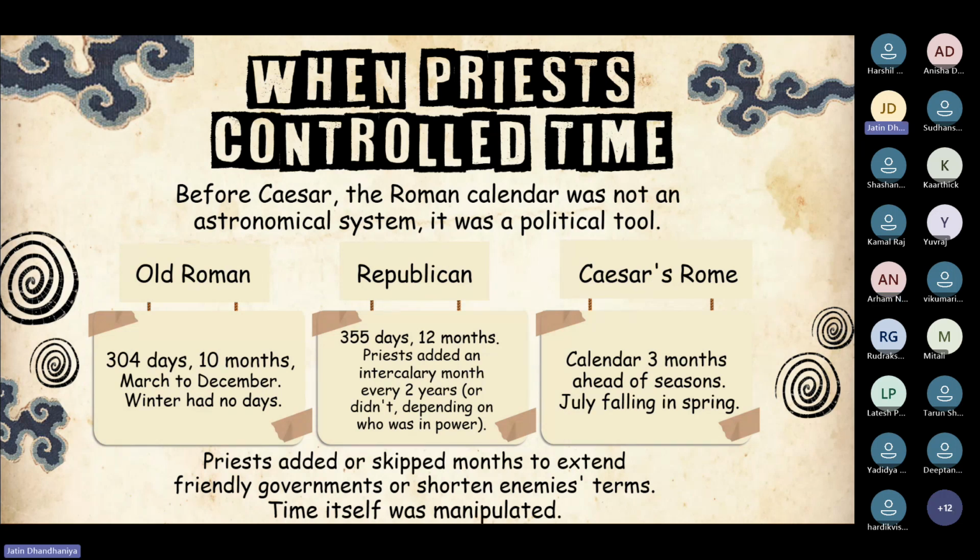Then came the Republican calendar, 355 days and 12 months. The priests added an intercalary month every 2 years, or didn't, depending on who was in power. Different kings came to power and they all had different calendars.